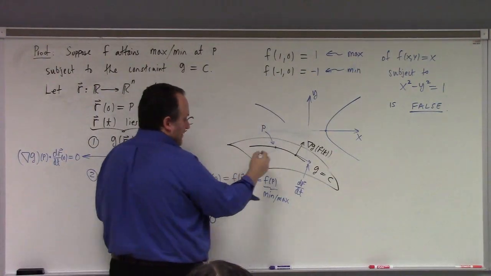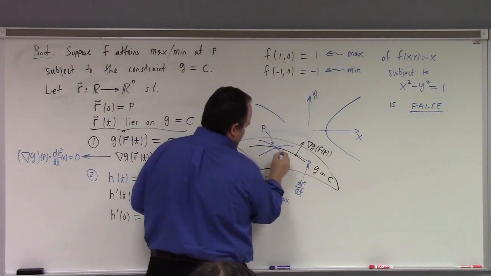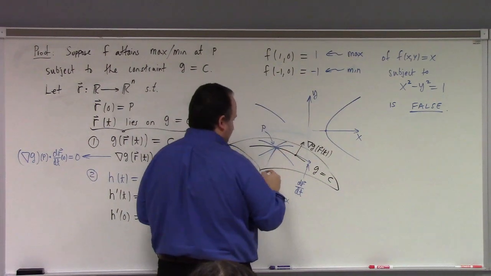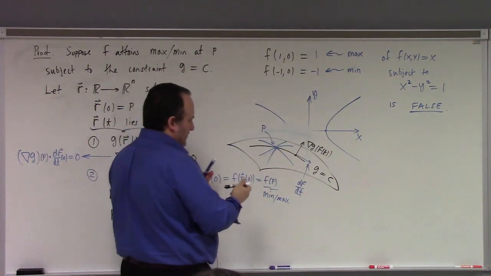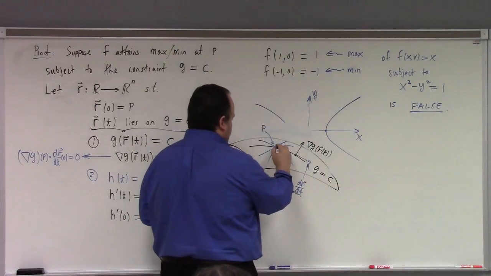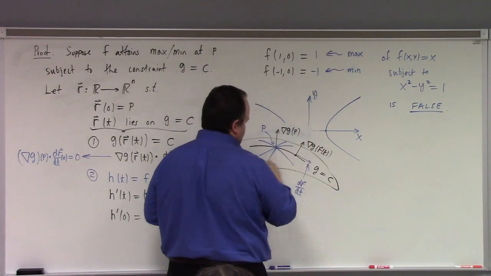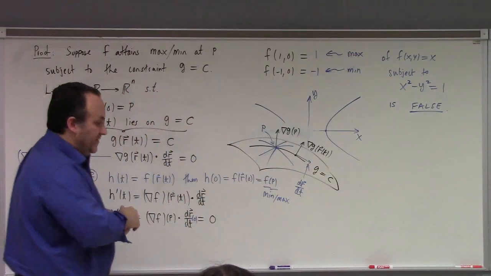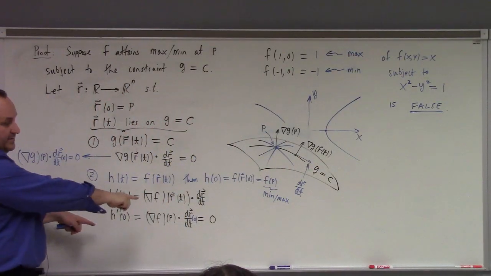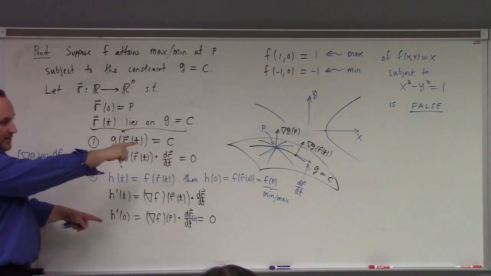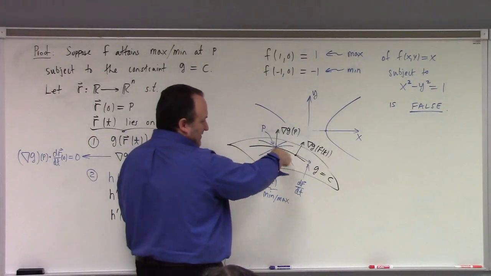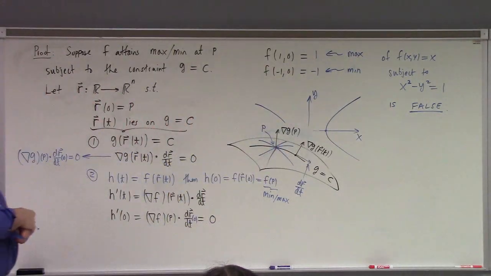So we've got all possible paths that go through that extremal point. The gradient of g at P points like that because it's the normal to the surface, but also the gradient of f is perpendicular to all the velocity vectors, to all these different possible curves. What does that mean?